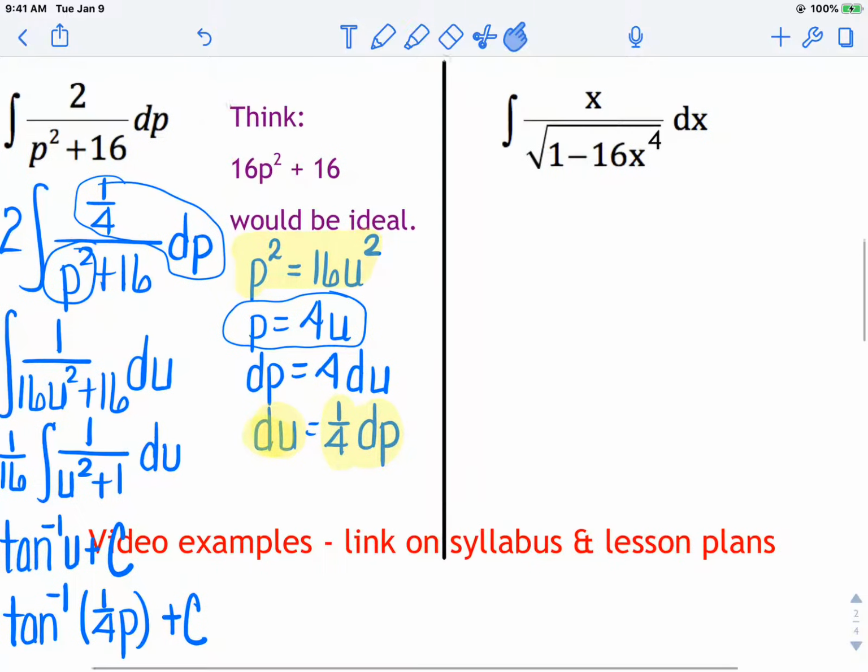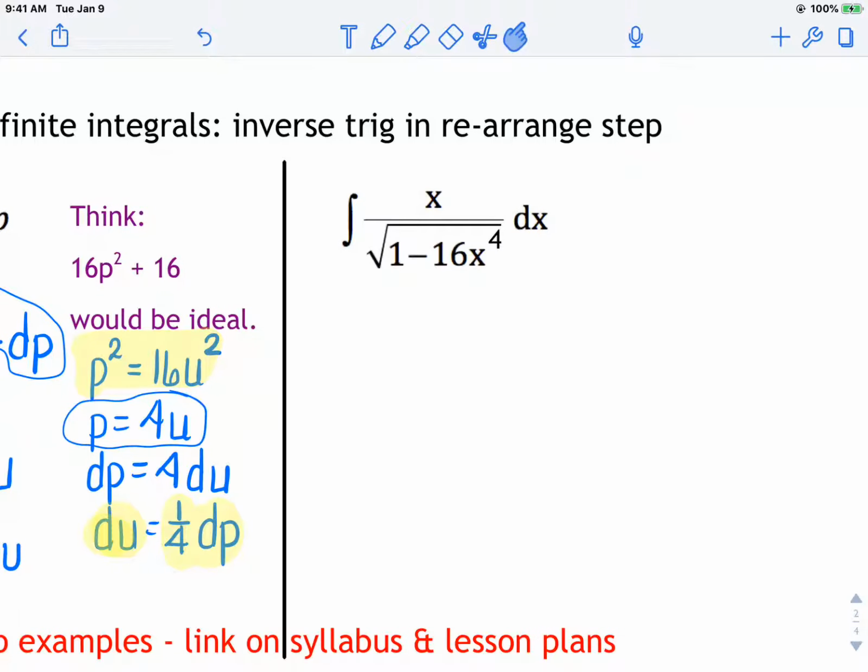In the second example, I see in the denominator what again looks a little bit like it could be an inverse trig function. So I've got 1 minus 16x to the 4th all under a square root sign. And what I'd really like under that square root sign is 1 minus something squared.